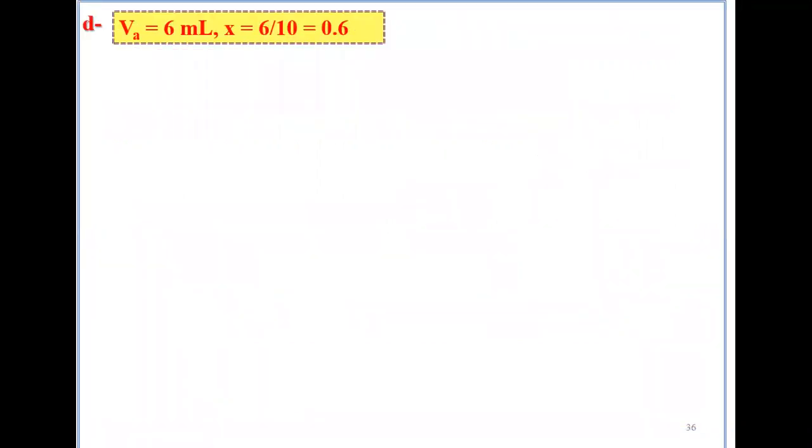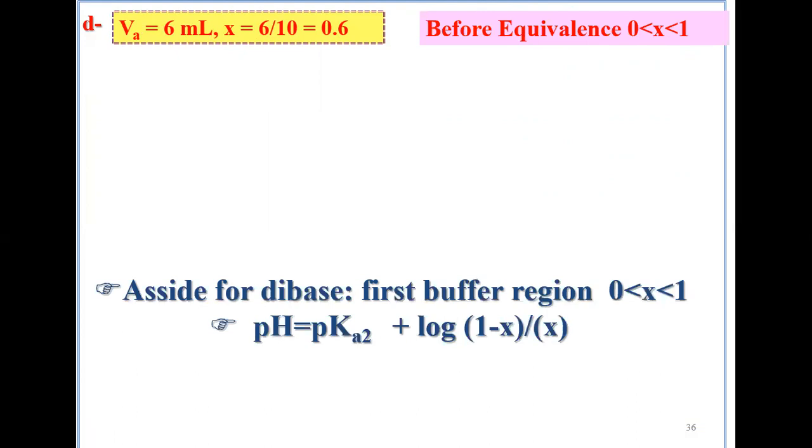Now part D, they're giving you the volumes. From the volume, I can always get the X. The X is this volume divided by V equivalence, so this is 0.6. What am I going to do? Well, this is before equivalence because my V acid added is before the equivalence point, before 10 mils.